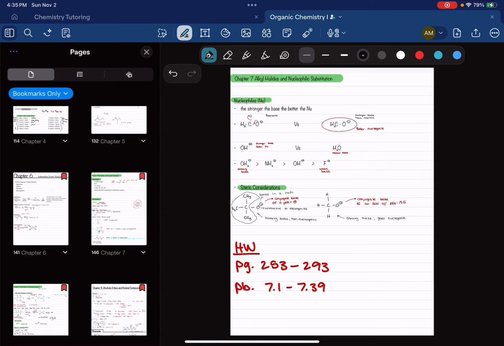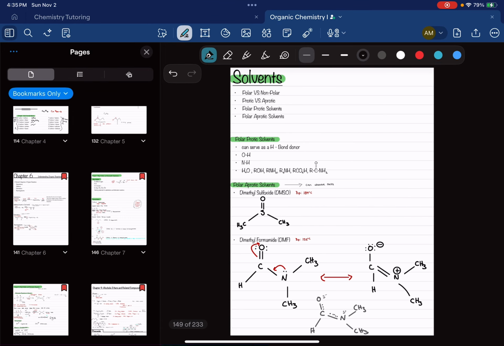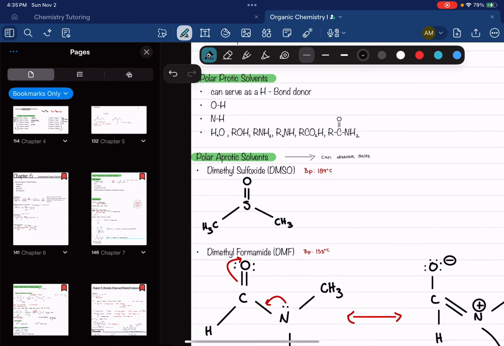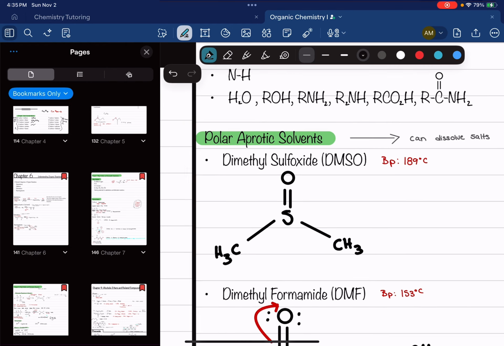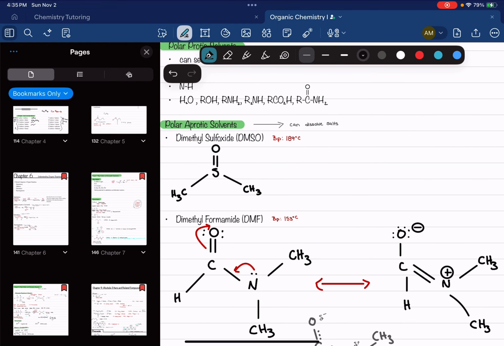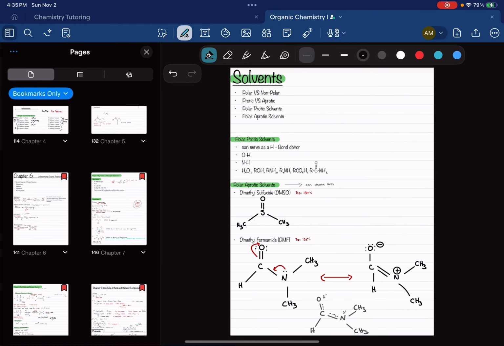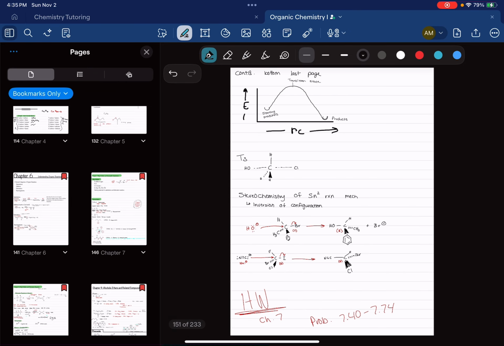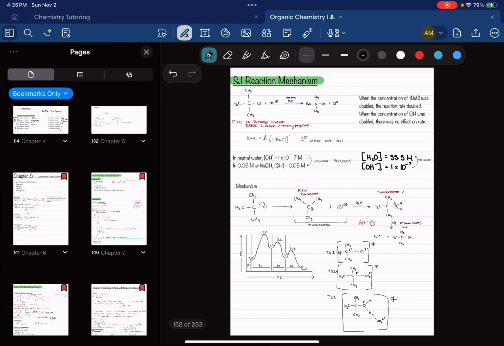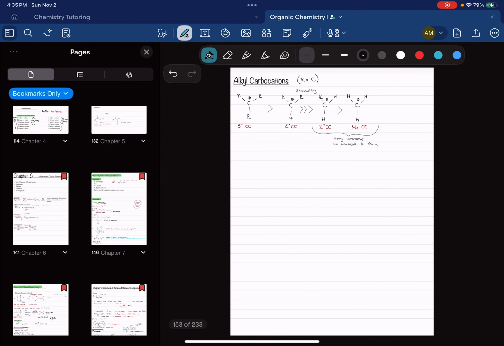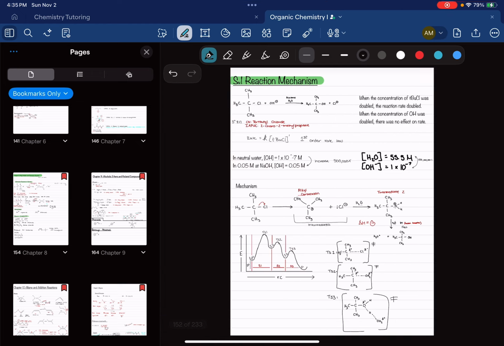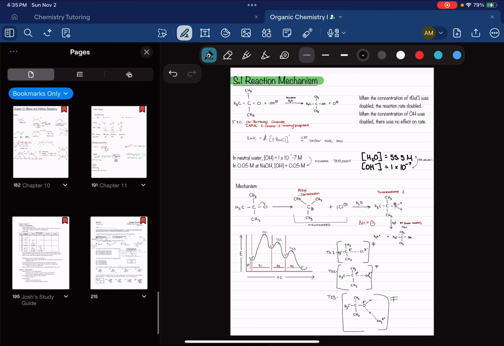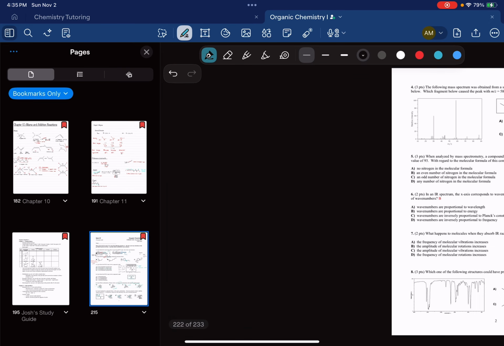Nomenclature, leaving groups, solvents. Oh, here's DMSO. Aprotic, dissolves. So DMSO, DMF, those are ones to remember that they're aprotic. Inversion of it. SN1. Okay. So that wasn't helpful. Sorry, guys. Let's go look at this.